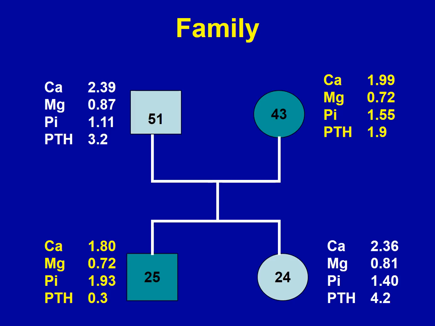His mother had a similar but mild phenotype with low serum calcium, low parathyroid hormone level, both he and his mother, and borderline elevated phosphate levels. So here looks like an autosomal dominant syndrome of hypocalcemia.